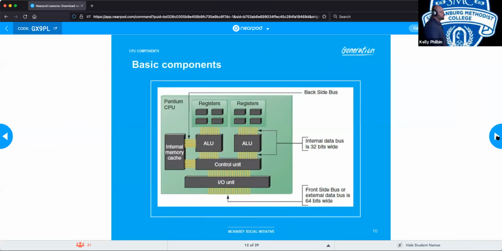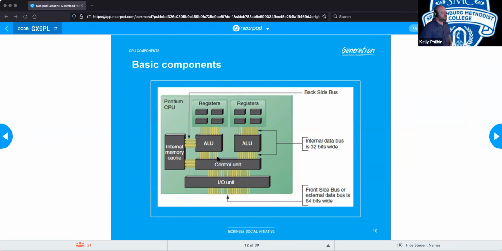All right. Here is a look inside one of the cores. These are the pieces that would be inside it. So you've got your arithmetic logic unit, which is right here. This is where all the powerful computations are being made. That is essentially the main processing portion of it.